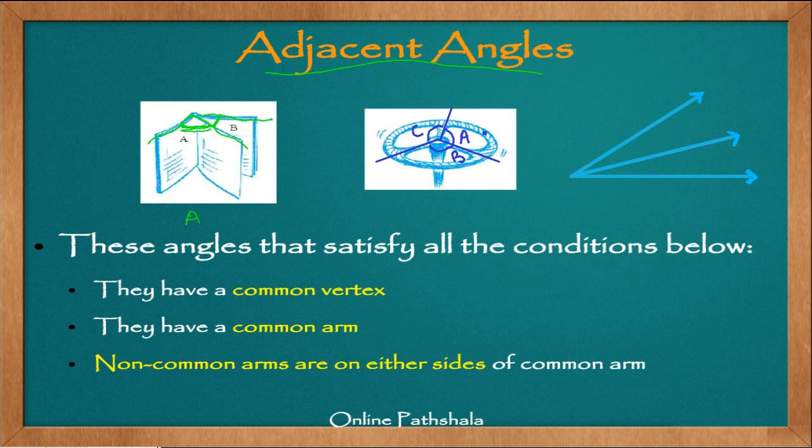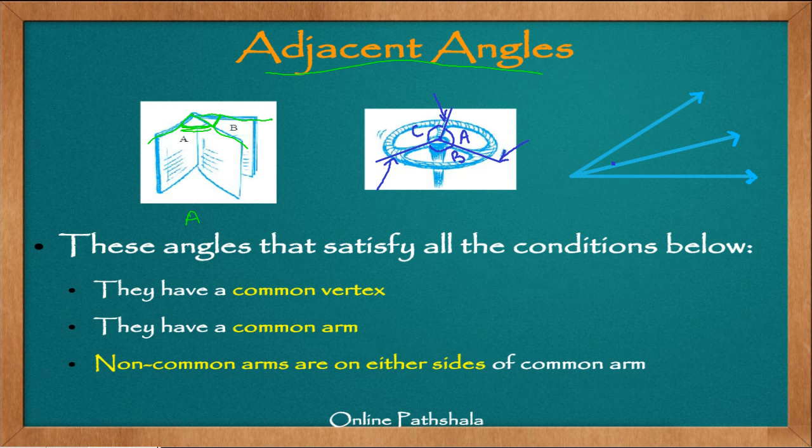Now you can see that angle A and B have this common side. Similarly, angle A and angle C have this as the common side, and angle B and angle C have this common side, and this is the common vertex for all the angles. This is an example of angles which have the same vertex and share one common side.